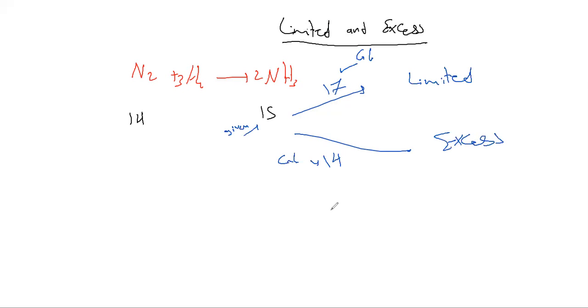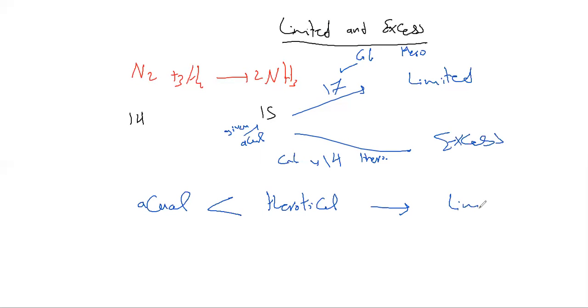So this means the given one is the actual, and the calculated one is the theoretical. If the actual is less than theoretical, this means that this is limiting.